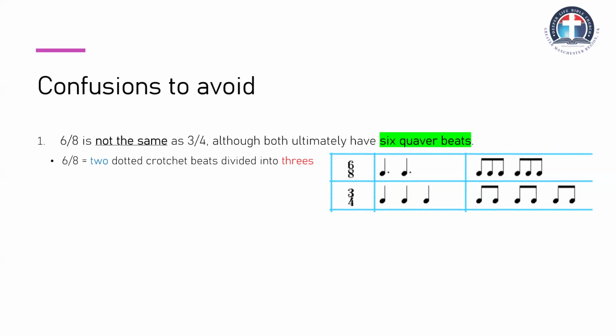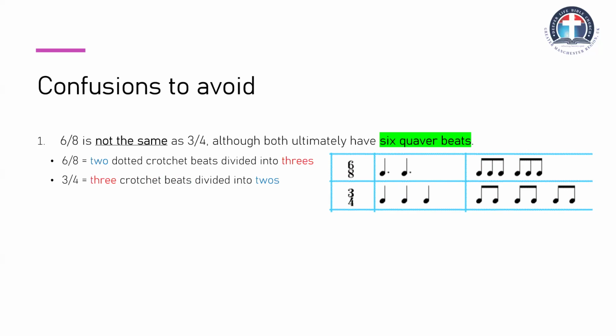So you can see in this case of 6/8, where you have 2 dotted crochet beats dividing themselves into what? 3 quavers, giving us 6 quavers, is different from where you have 3/4. These are 3 crochet notes that divide themselves into 2s. Remember, we said that when a note divides itself into 2s, then it's simple time. It doesn't matter how many quavers.